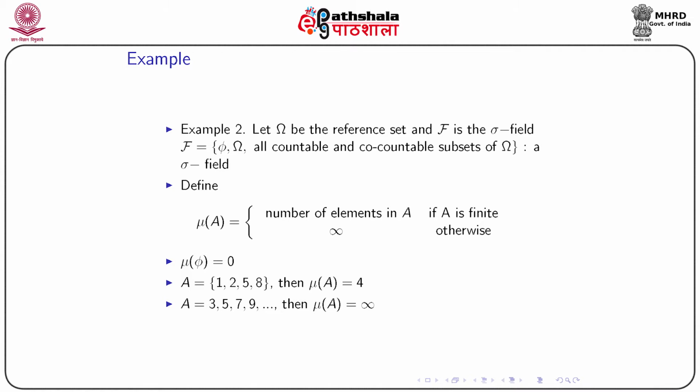Since there are 4 elements, mu of A will be 4. Now, if my set consists of all the numbers like 3, 5, 7, 9 and so on, this is an infinite set, and from the definition of the measure mu, it will be infinity. So, this is another example of a measure. This is basically the counting measure.